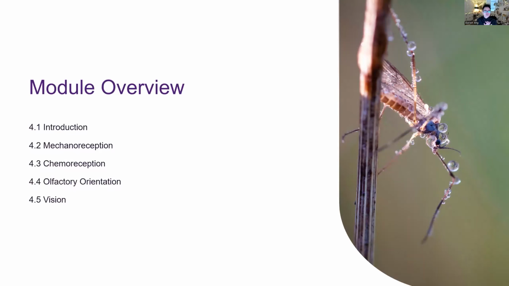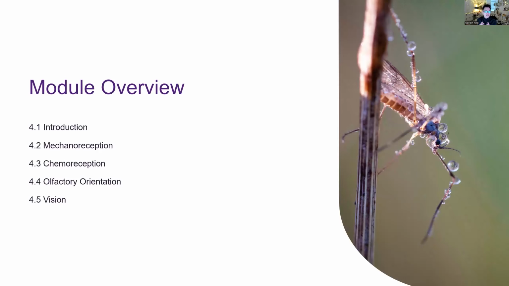So a quick overview of this module, followed by a very quick revision about how sensory systems work. We're going to dedicate 4.2 to mechanoreception, the ability of an insect to detect physical attributes of the environment.